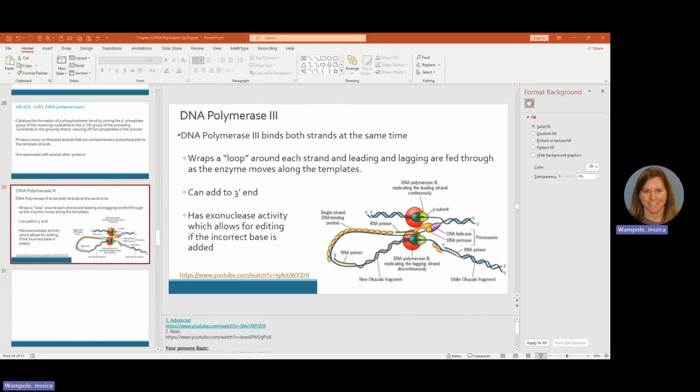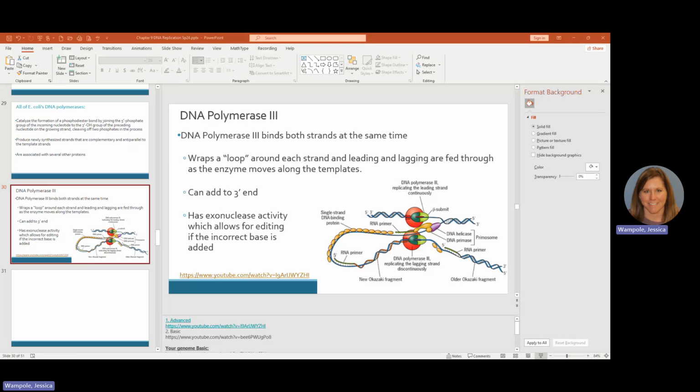And so in most of our cells, the end just kind of gets a little shorter every single time. But it's okay because we've got this cushion sequence, the telomeres, allowing the cell to have this little buffer where it can lose sections of this non-coding sequence before we get into the important DNA.